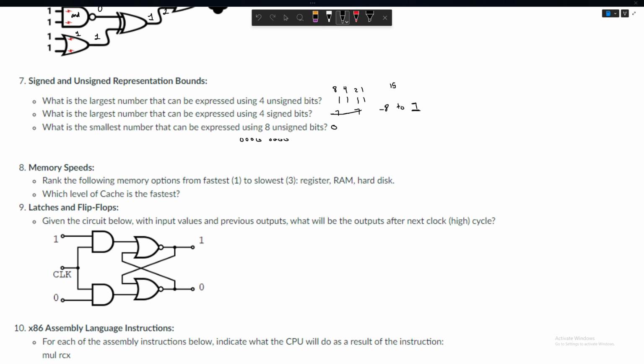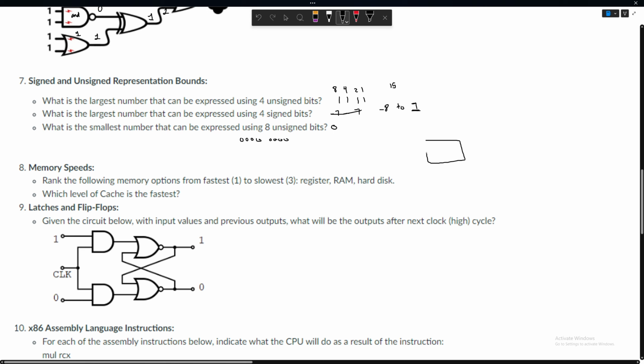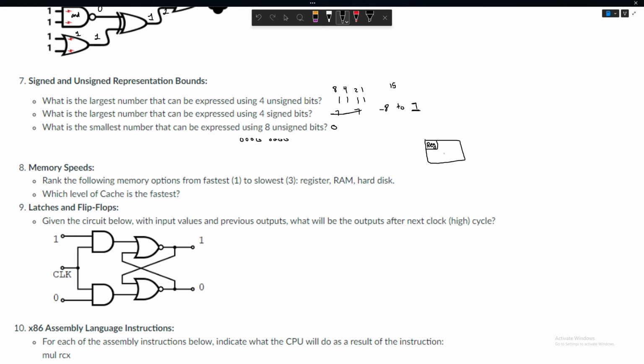Alright, next question is rank the following memory options from fastest to slowest. And that is funny because he actually put them in order. So usually what you have is you have your CPU, and inside here you have your register, which is the fastest. Then your CPU connects to your RAM, right? which is bigger than your register, but it's slower than your register.